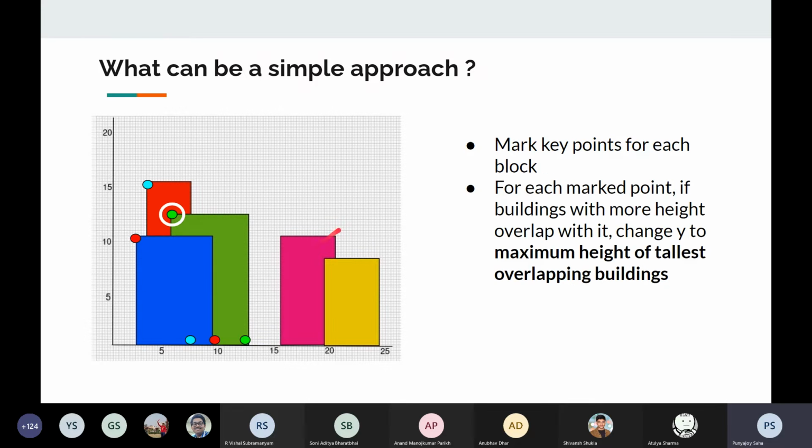Let us look at the actual thing. What is done for each mark point? If buildings with more height overlap with it, change y to the maximum height of the tallest overlapping building. What you are suggesting is basically a simpler version of that. Let's consider this point, the one bordered with white ink, and try to understand what will be its final position based on this if condition.